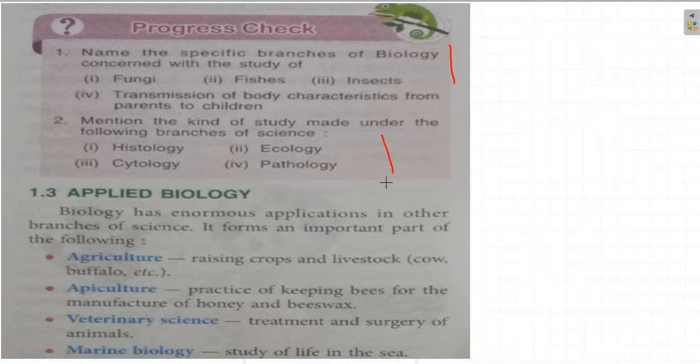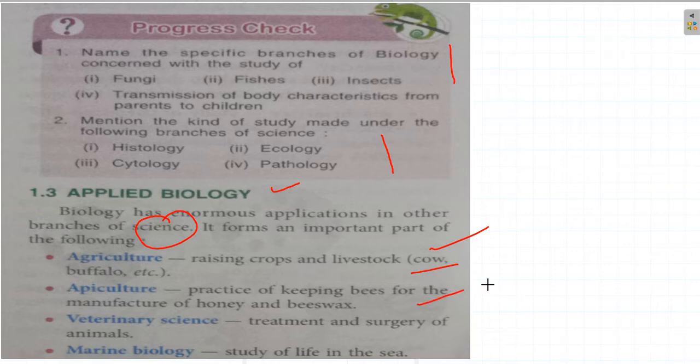Now we will move on to the applied biology, right. So the biology that deals with the enormous application with other branches of science is applied biology. First is agriculture, study of crops and livestock, cow, buffalo, etc. This is agriculture.